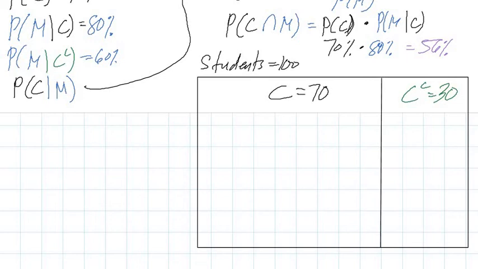Just to roughly visualize that 56, there you go. Here, this is now the part of the students with cell phones that also have MP3 players, and that is 56. We also know this probability: the probability that a student has an MP3 player provided that the student doesn't carry a phone. It's 60%.